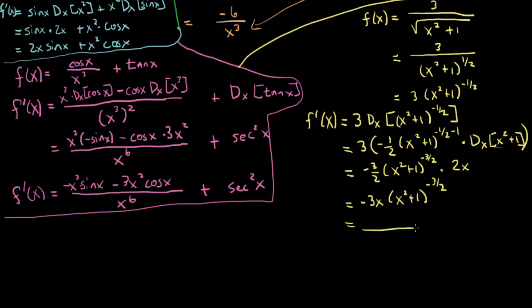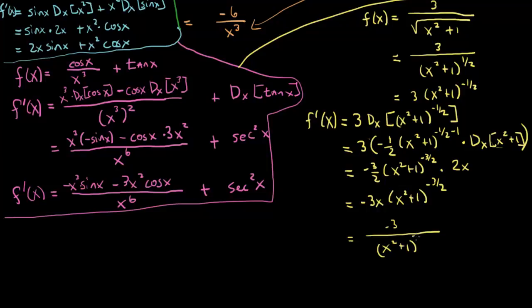So what we would do here is say that this is equal to, let me draw that a little better, equal to, we can say, put a negative 3 up top, and then we could say x squared plus 1 to the positive 3/2 power.